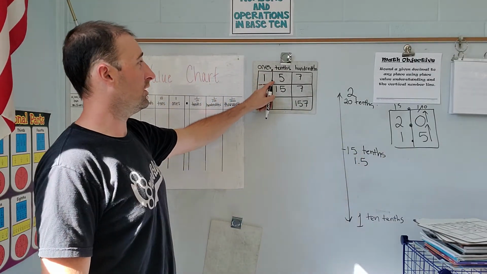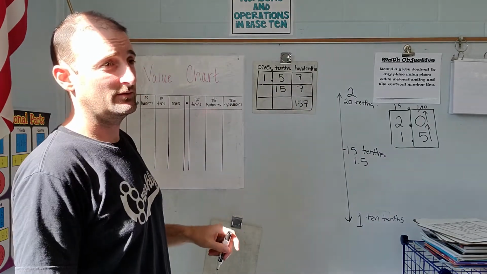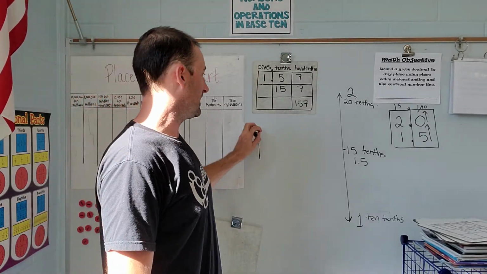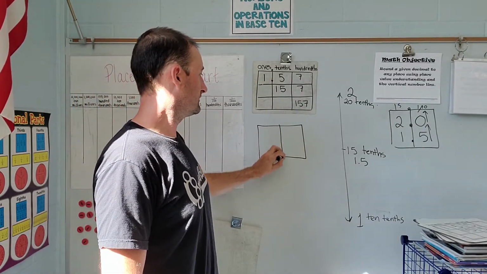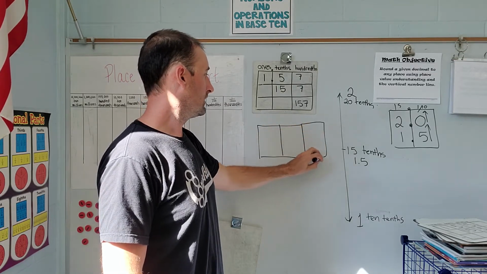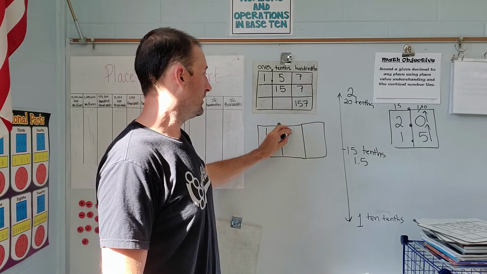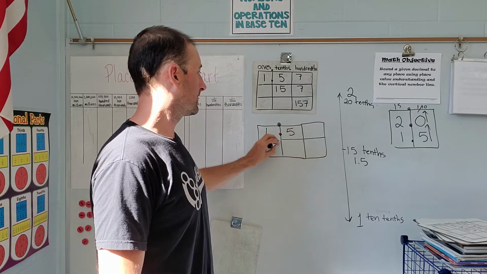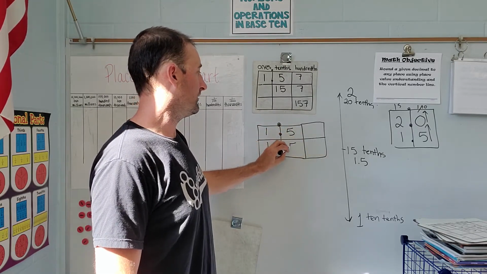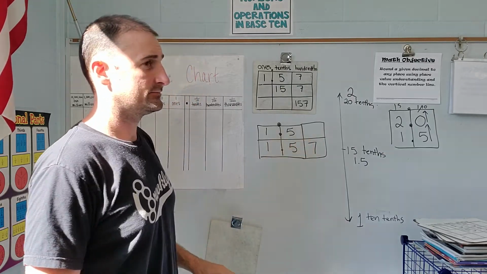Now our number is 1.57. Let's compare 1.5 and 1.57. Here's 1.5, and here's 1.57.